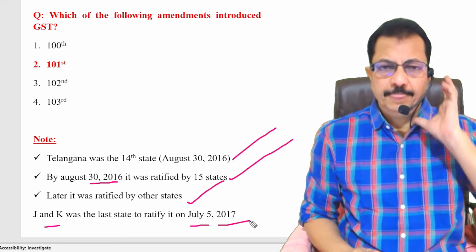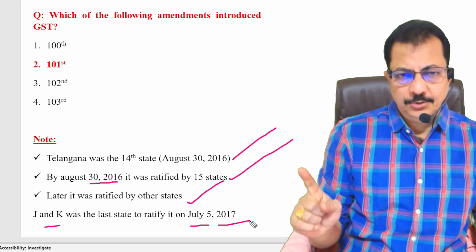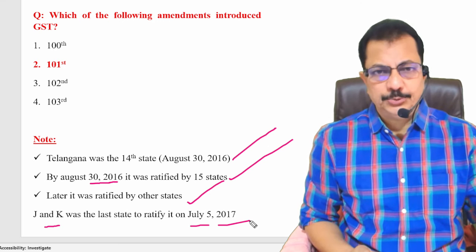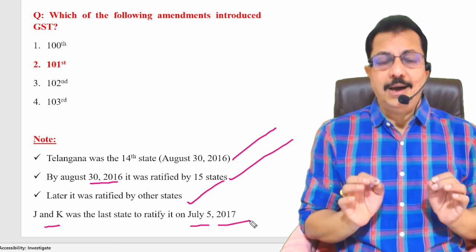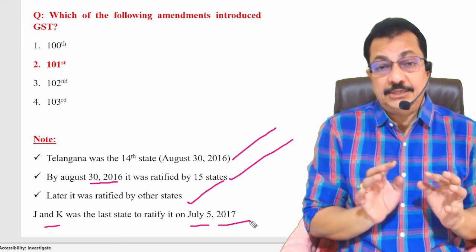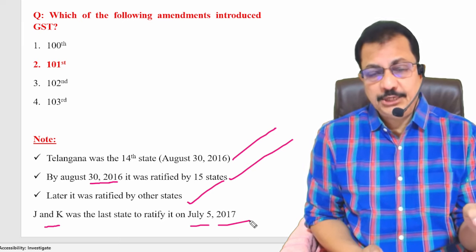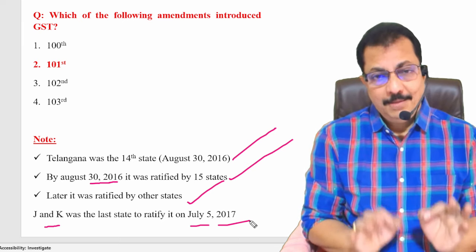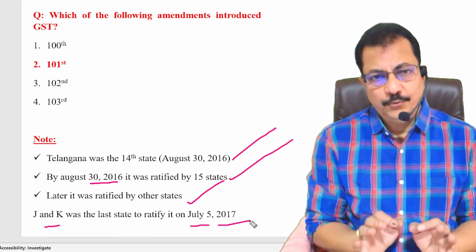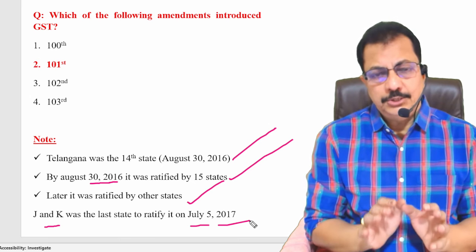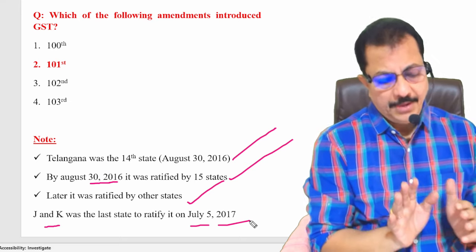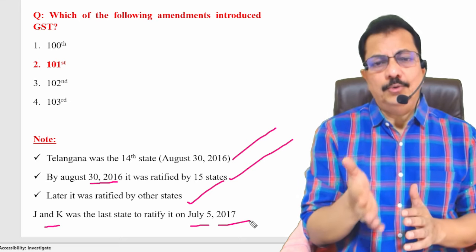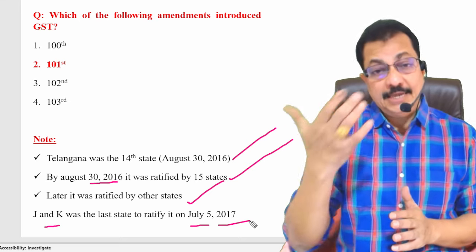So today, Ladakh is a union territory. Jammu and Kashmir is also a union territory. But the Supreme Court of India ordered the government to restore the statehood to Jammu and Kashmir. But today, May 2024, even today also, Jammu and Kashmir is a union territory. Am I clear? And very soon it is going to get back its statehood.